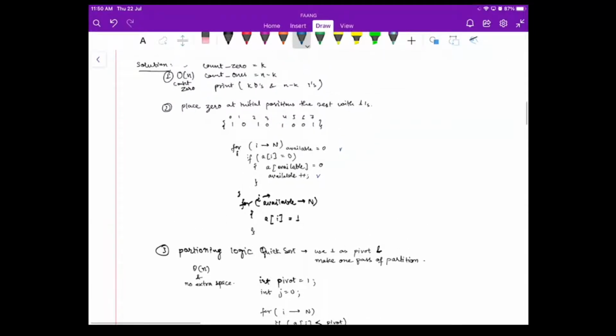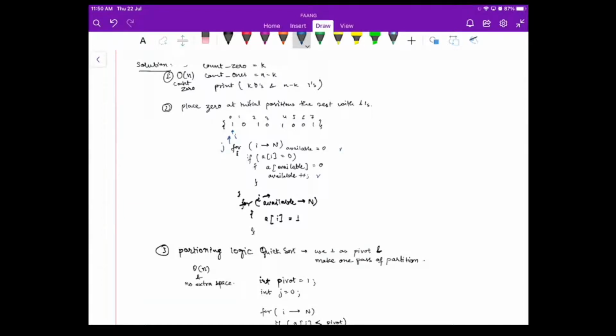So what we have done here, we have taken the whole array, and there are 2 pointers, i and j. If the value of A[i] is equal to 0, then we are going to increment j.